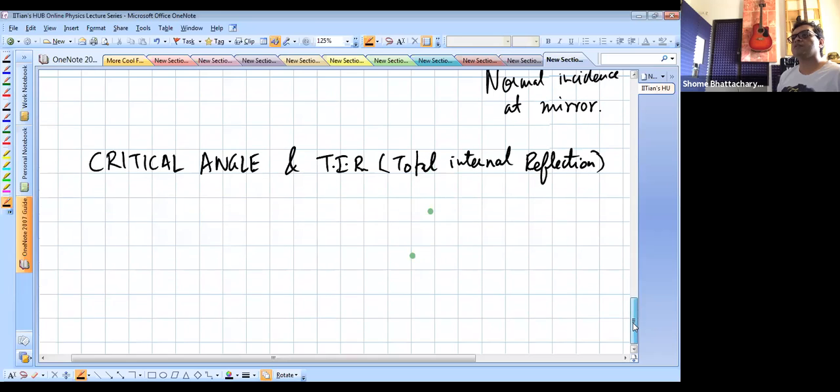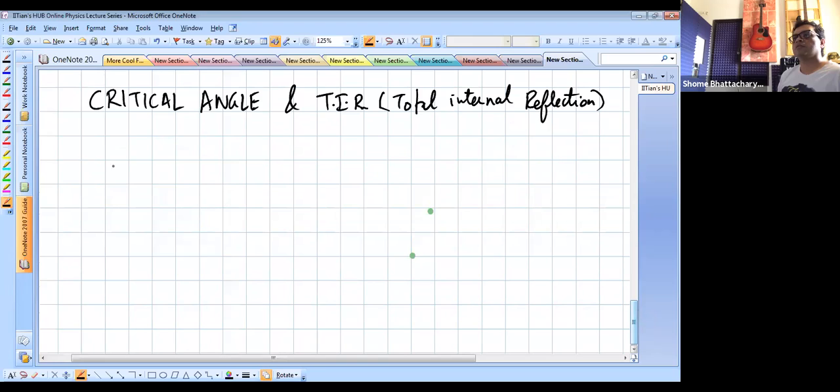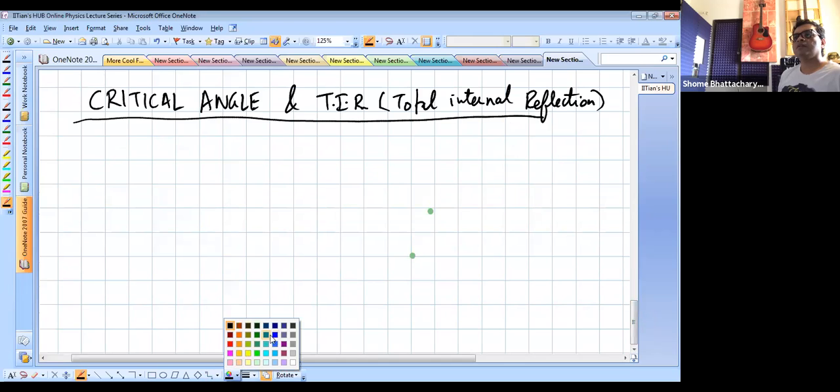Let us understand this one. So as you know, if light is refracting from a denser medium into a rarer medium, it tends to bend away from the normal.